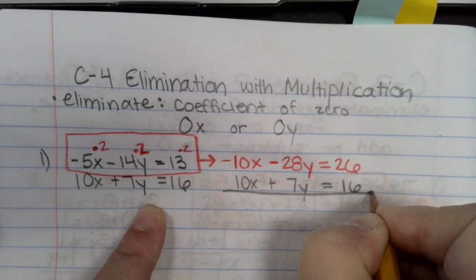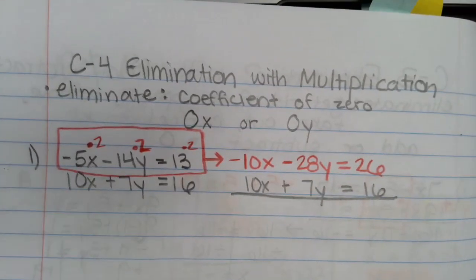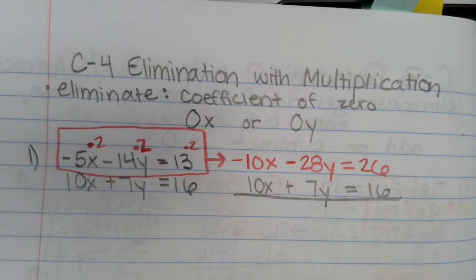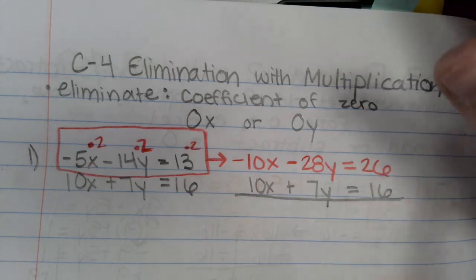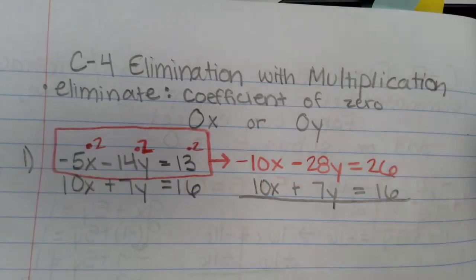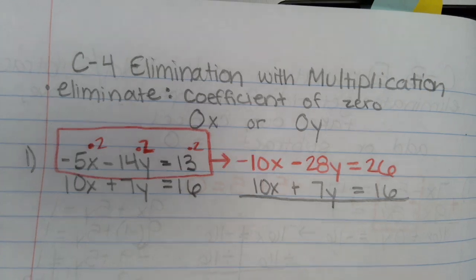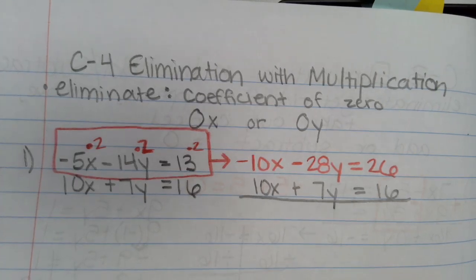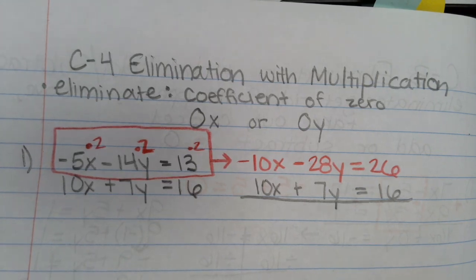Alright, and now we're going to do it just like we did on Friday. Now we can eliminate. Now there's one that's going to make a 0. Are the x's going to make a 0 or the y's? The x's.